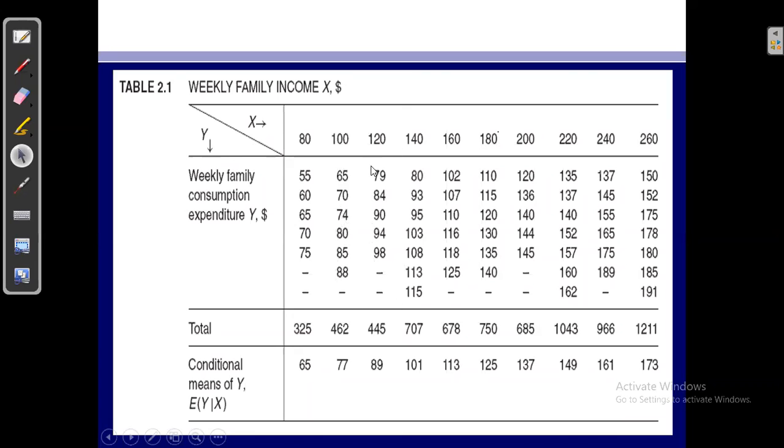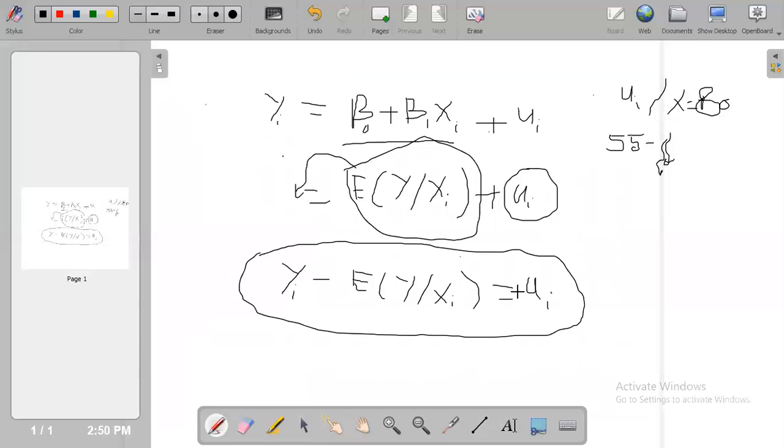And how do you get it? Simply obtain the difference of these y values from the corresponding conditional mean in the last row. So, in a sense, if you convert all these y values corresponding to x equal to 80, y values corresponding to x equal to 100, into disturbance term values using the definition of the disturbance term that I have just described here, the difference between y and the conditional mean.